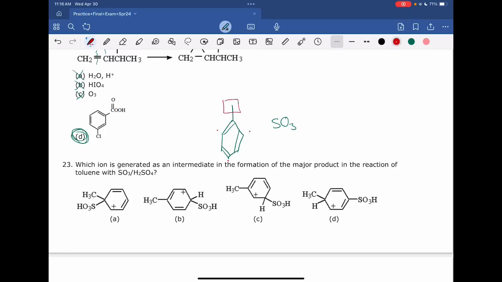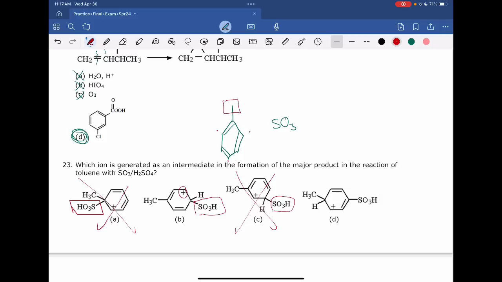So whatever we attach has to go to the ortho or para carbons. So let's look at the answer choices. A is adding the SO3 to the same carbon as the methyl, so it doesn't make sense. B is adding it para, so it could be. C is adding it meta, so it doesn't make sense. And D is adding it also para.